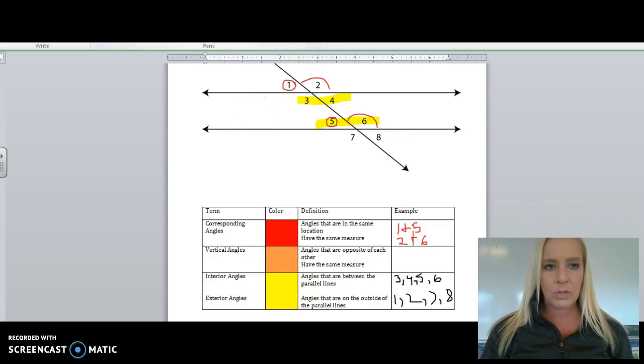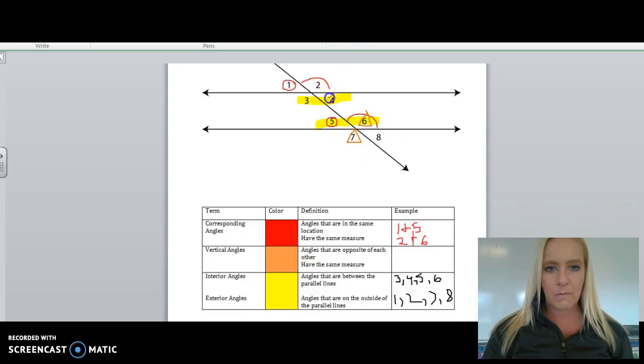So I'm going to use orange. So you're going to need an orange crayon. You might want to label this as orange if it didn't print out in color. An example of vertical angles would be 7 and 6 because they are opposite of each other along the parallel line. Another example would be 5 and 8 because they are opposite or kind of diagonal from each other.